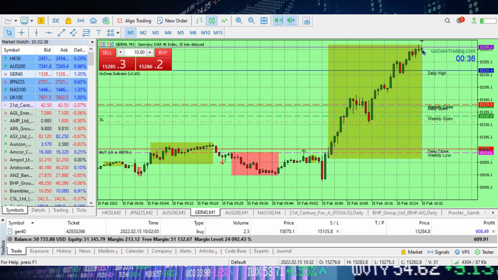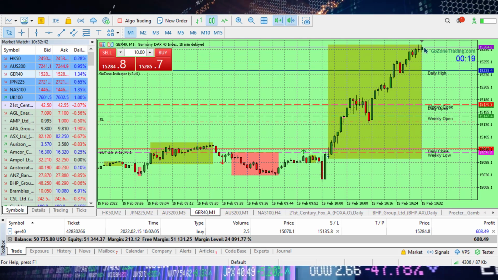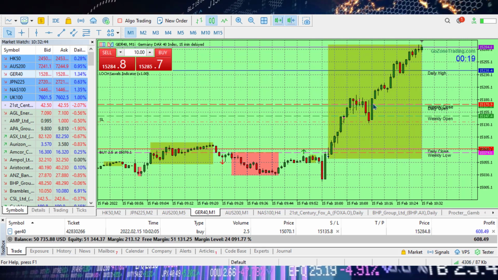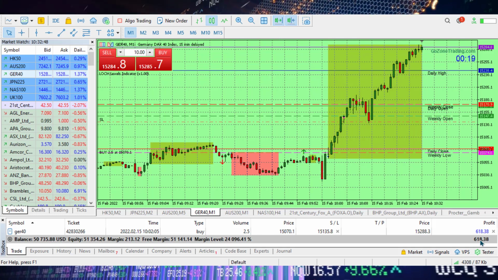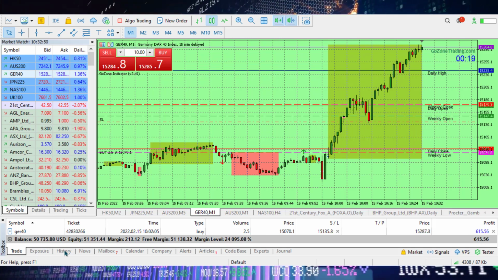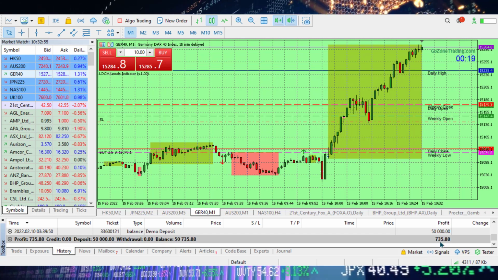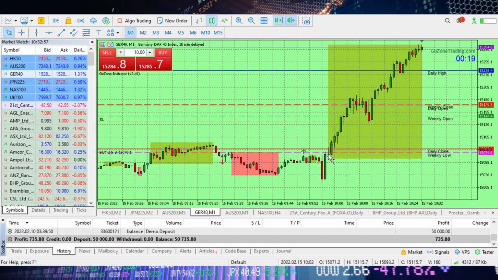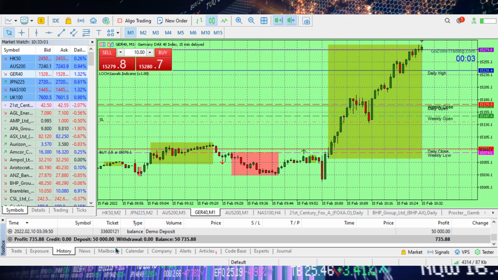These candles are getting smaller and smaller. It's already made a huge run, up over 600 on this. We've already banked 700. I think I'll be looking to exit this very soon.